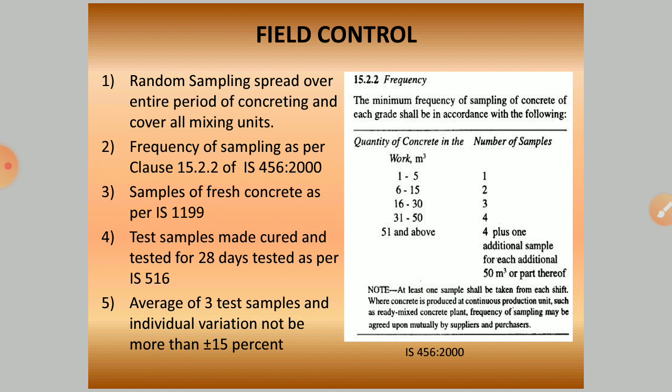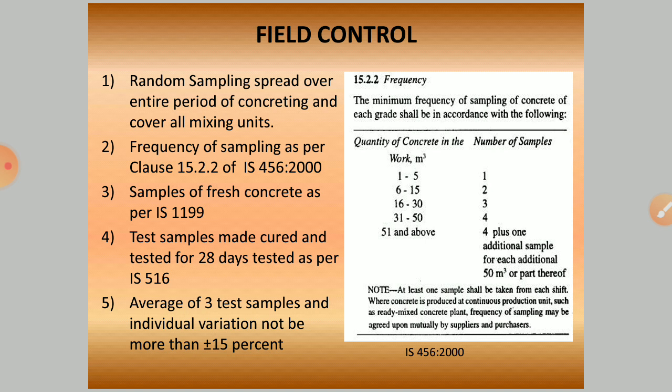Also, you have to check the workability. You may use a slump test. Also, in IS 456 2000 there is a table, depending upon the use for which you have to use the concrete. If you want to use it for road construction, RCC slab, or mass concrete, the workability is given in that table.